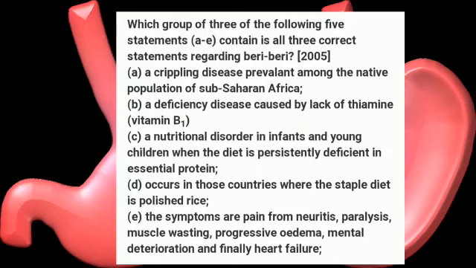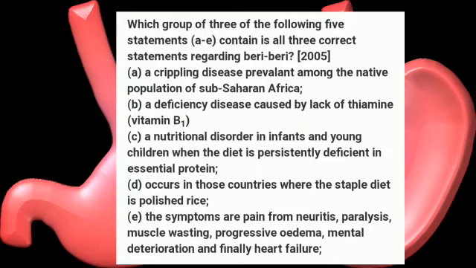This question was asked in 2005. The first statement is a crippling disease prevalent among the native peoples of Saharan Africa. The second is a deficiency disease caused by lack of thiamine, that is vitamin B1.